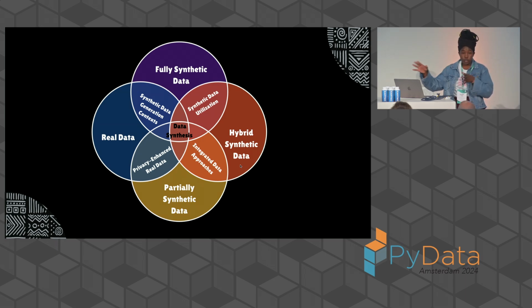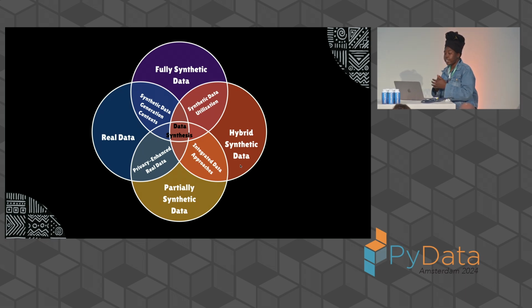So you add a set of new features to the already existing features that you have. And then, of course, you have partially synthetic data, which is a privacy-enhanced real data. So if you want to mask away any personally identifiable information, this is your go-to. And the intersection between them just refers to the process of generation or its applicability therein.